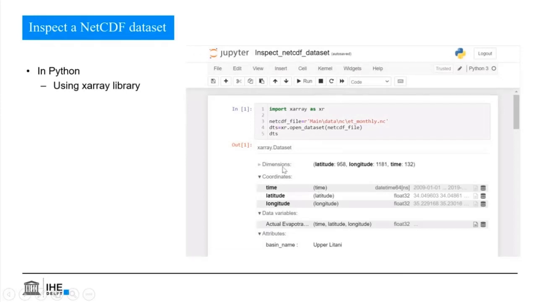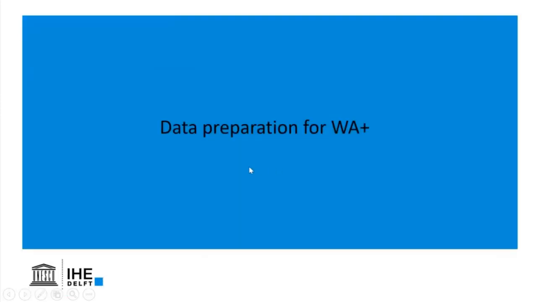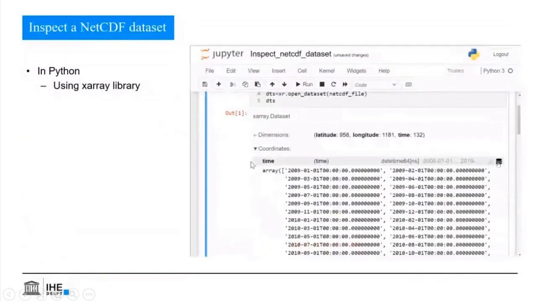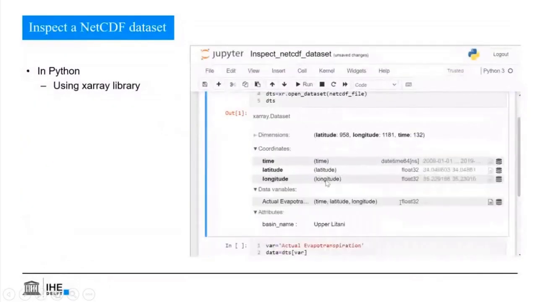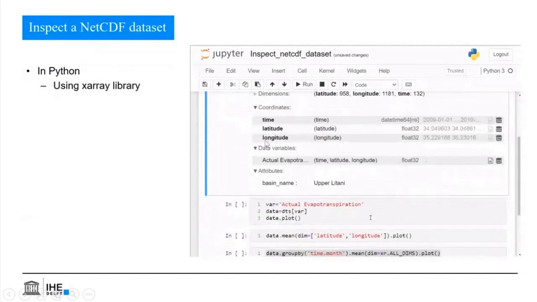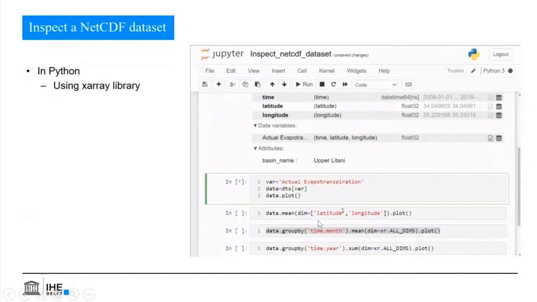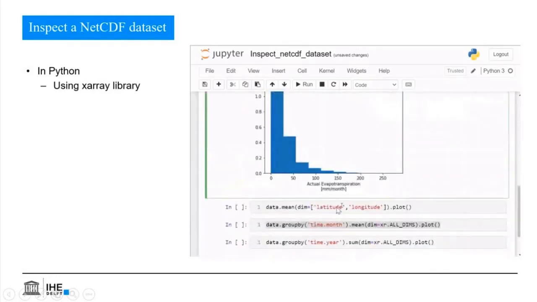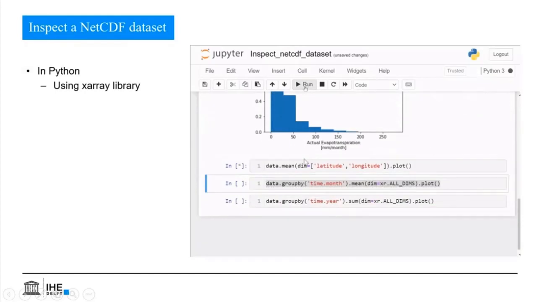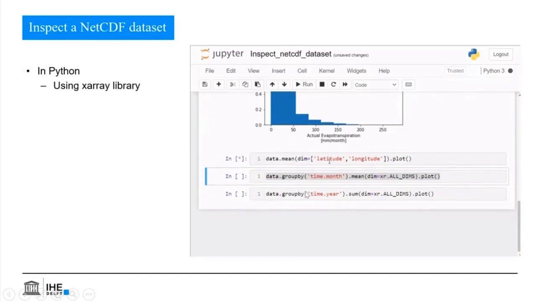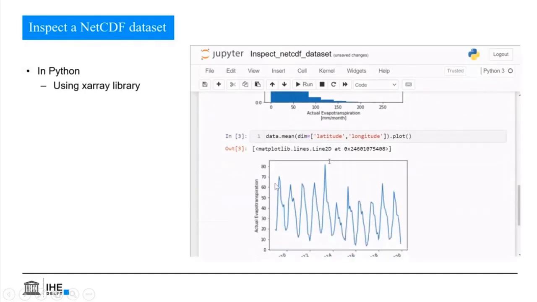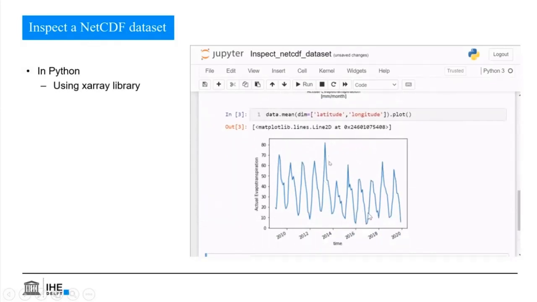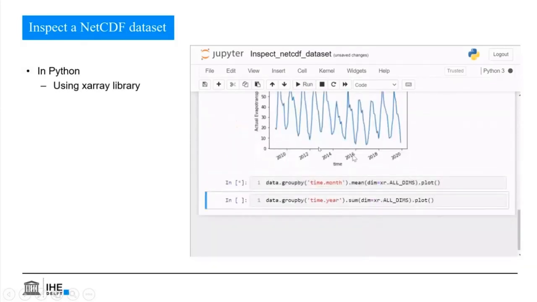For example, in this animation, you can see that with one line of code you can read the information of the data, so see all the attributes and metadata of the datasets. You can also plot a histogram, and also see the mean value, like the time series value in QGIS.